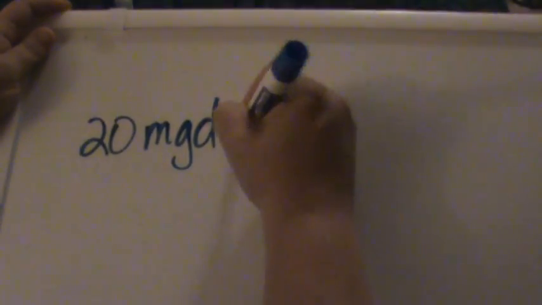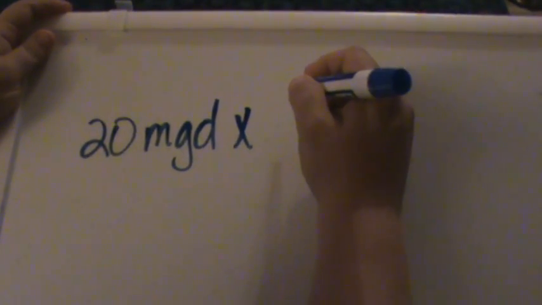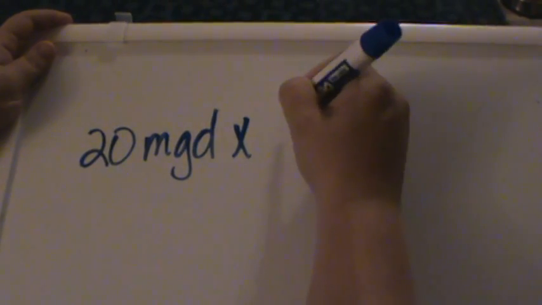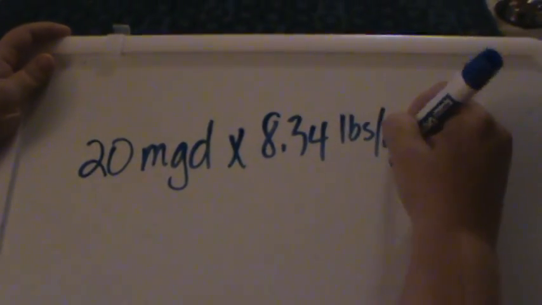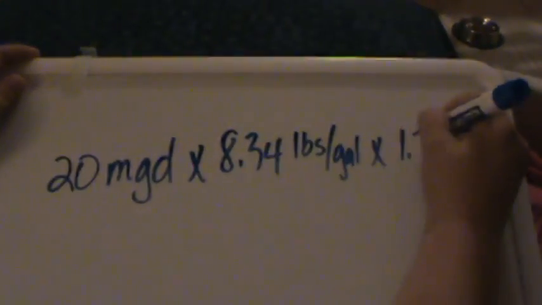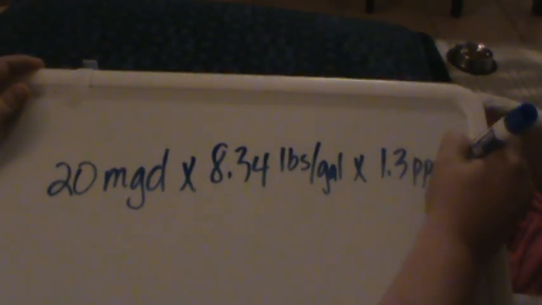So let's look at this again. How many pounds per day of chlorine are used in a treatment plant with an average flow of 20 million gallons per day and a dosage of 1.3 parts per million? So 8.34 pounds per gallon times 1.3 parts per million.